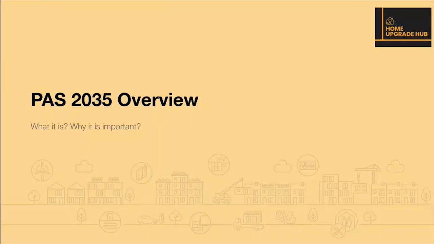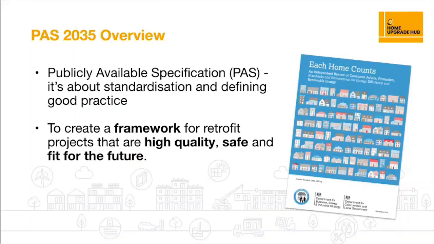Okay, so what is PASS 2035? Why is it important? I'm going to give you a little bit of context where it came from first. PASS stands for Publicly Available Specification. That is a document that is designed to standardise elements of a product, a service or a process, and they're prepared following guidelines that the British Standards Institute set out.